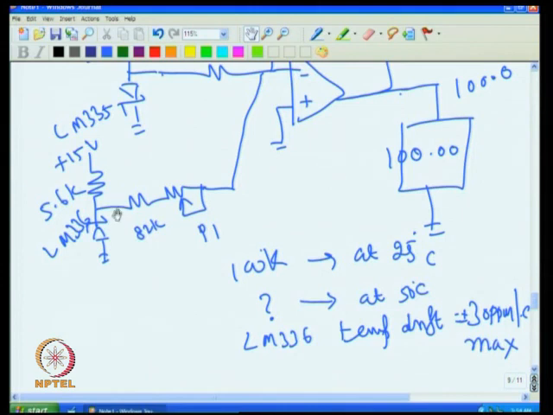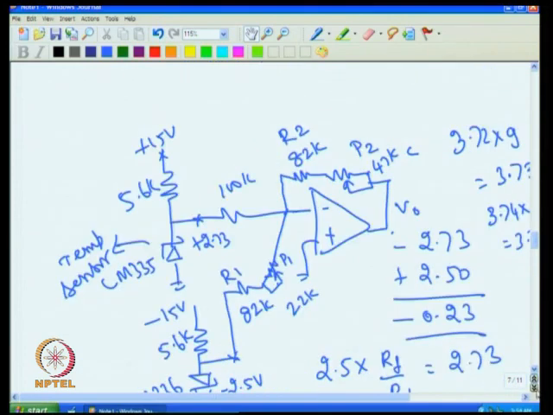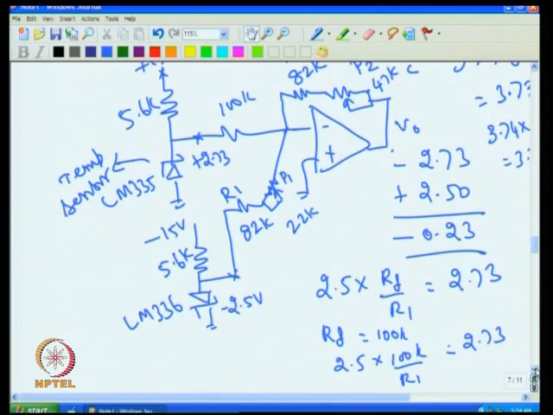Because we had seen the gain is more or less equal to 1, if this changes by 7.5 millivolt, we will have output 7.5 into 1, that will be 7.5 millivolt change at this point.